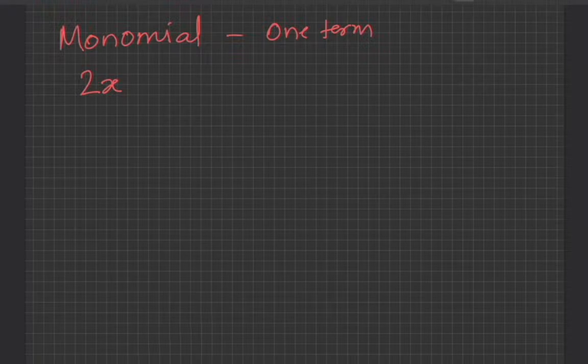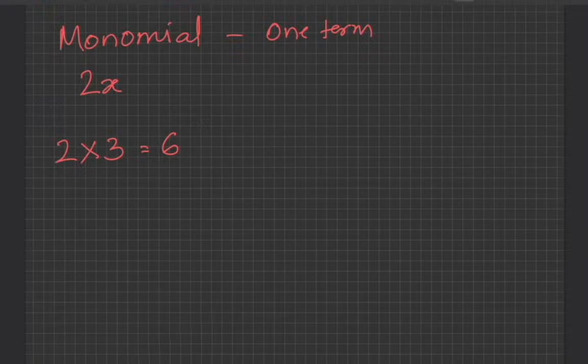Now how do we multiply a monomial by a monomial? In arithmetic, we would have done 2 times 3 is equal to 6. Now 2 is a monomial term, it's a constant, and 3 is also a constant, so we get 6.